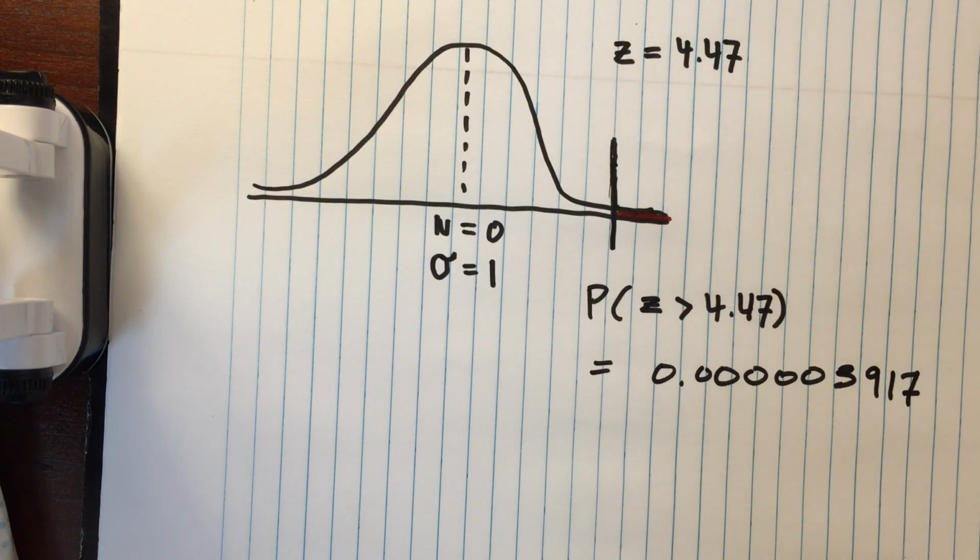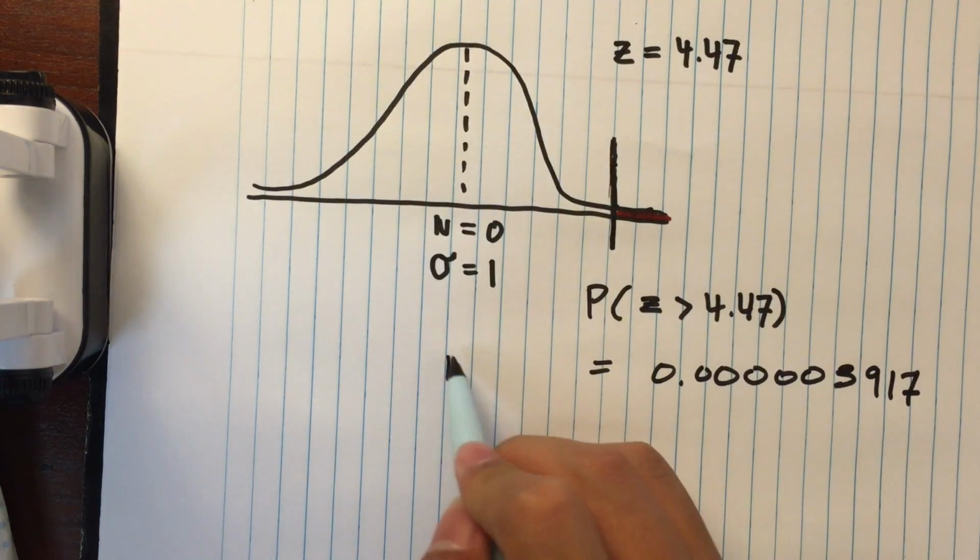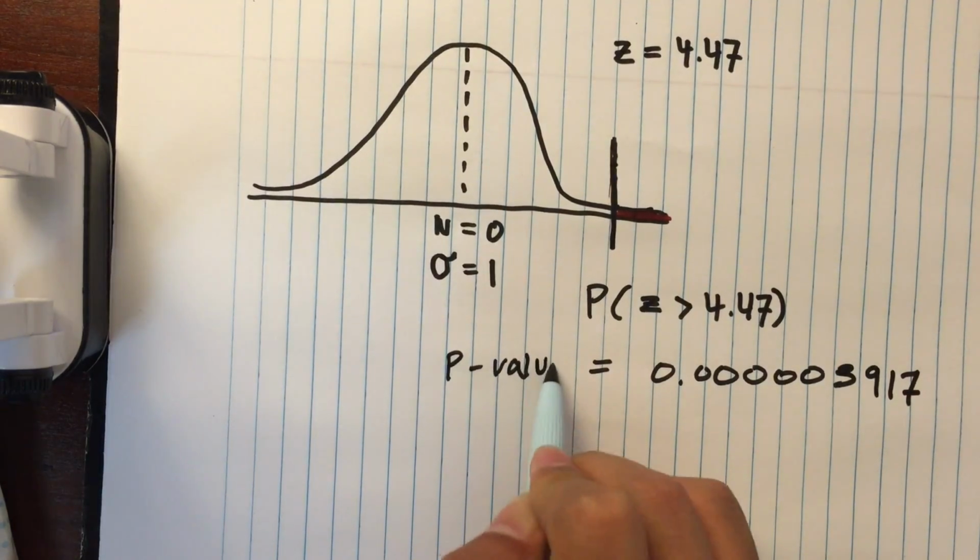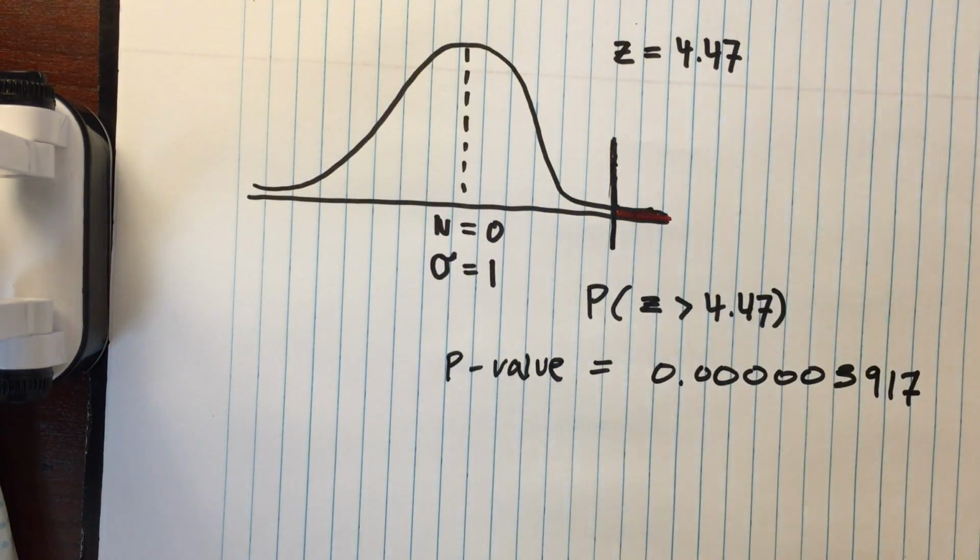So this is an extremely small number right here. But what does that mean? The p-value essentially shows to what extent your sample data supports the null hypothesis.